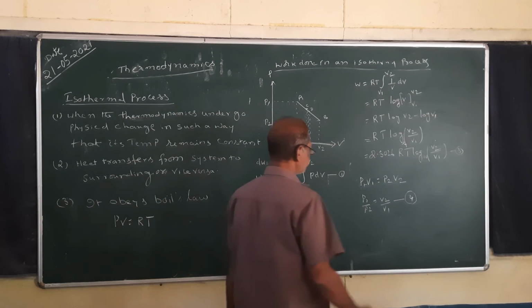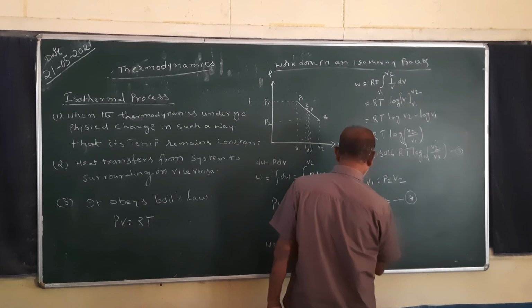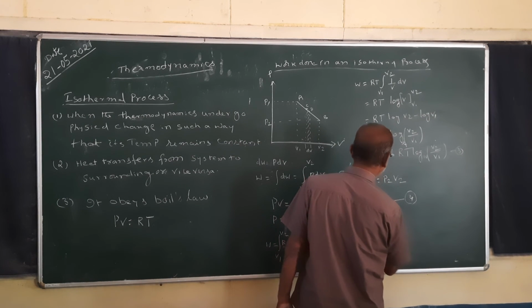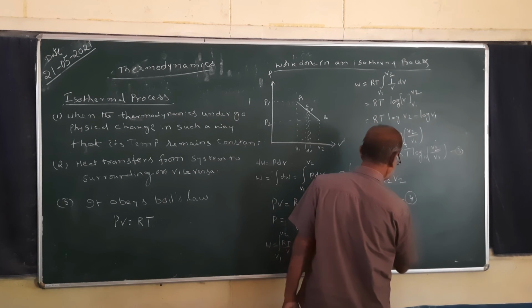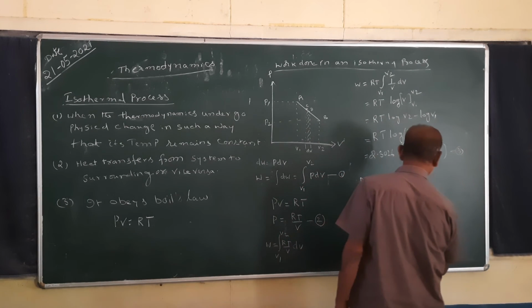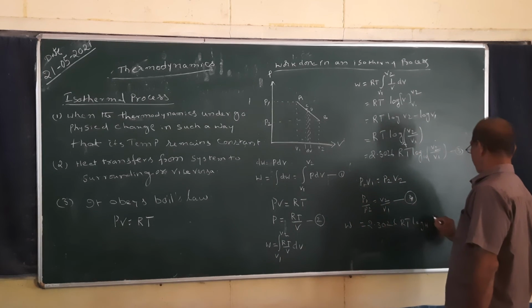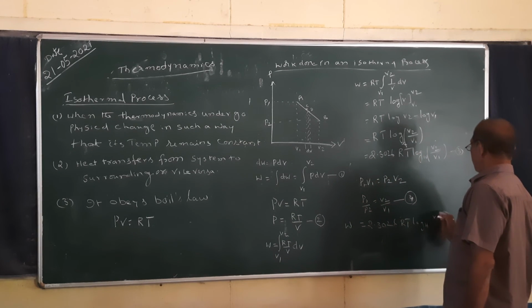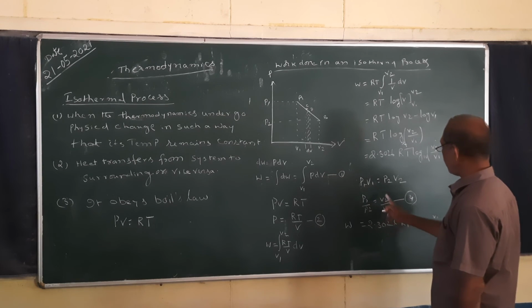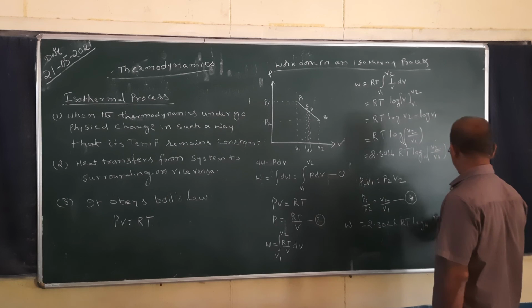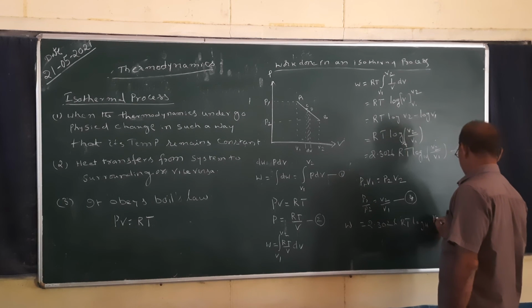Then W is equal to 2.3026 RT log10, and instead of V2 by V1, which is equal to P1 by P2, it can be written as P1 by P2.